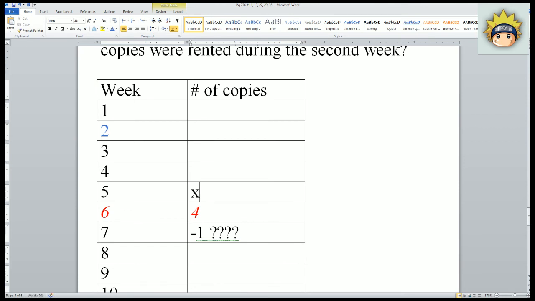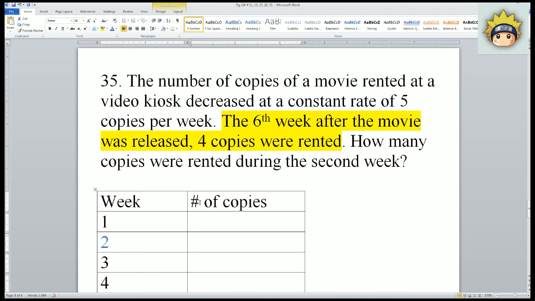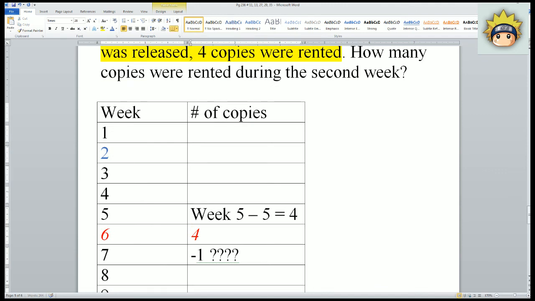There's a number that decreases by 5 to equal 4. This is week 5. If you do the inverse operation by adding 5 to both sides, you should have gotten 9 here. There were 9 copies here.